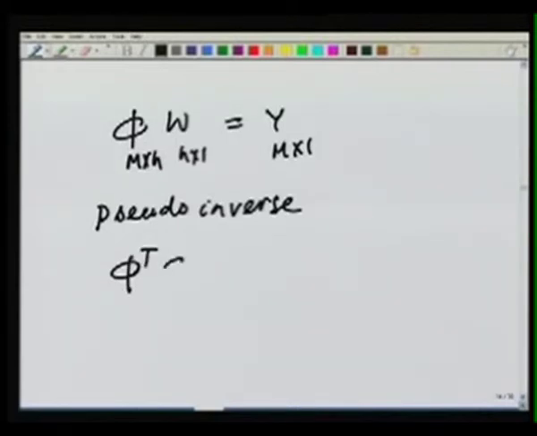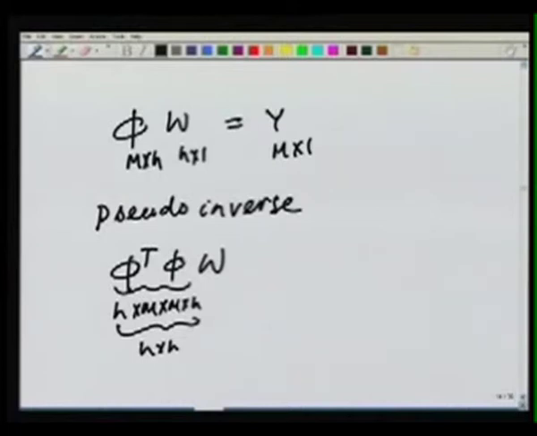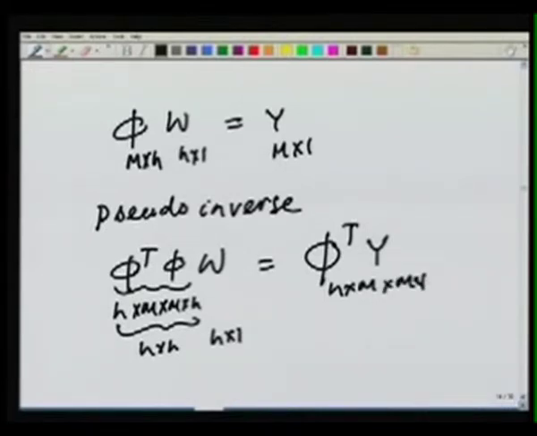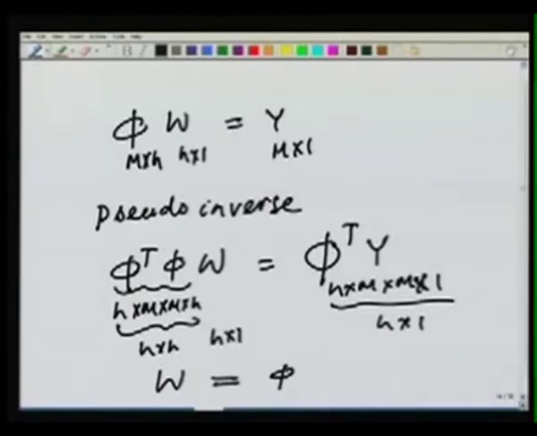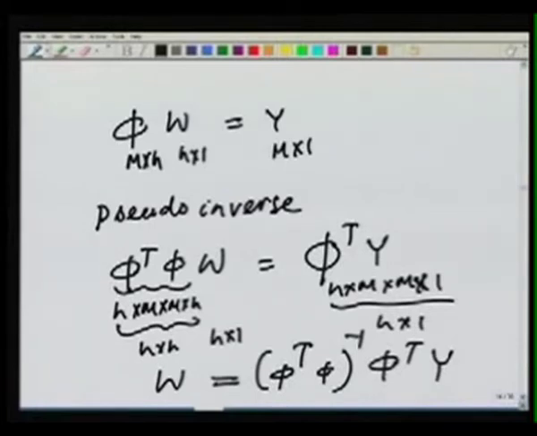I multiply phi transpose phi W. So, phi transpose is H cross M, into M cross H, so this is an H cross H matrix, and W is H cross 1, and here we multiply phi transpose Y, which is H cross M times M cross 1, so this is again H cross 1. So, everything is satisfied. Finally, W is phi transpose phi inverse phi transpose Y, because this is now a square matrix.